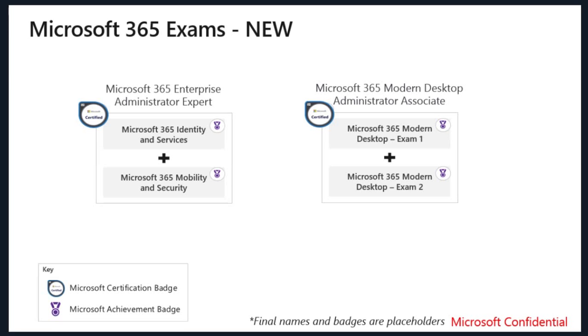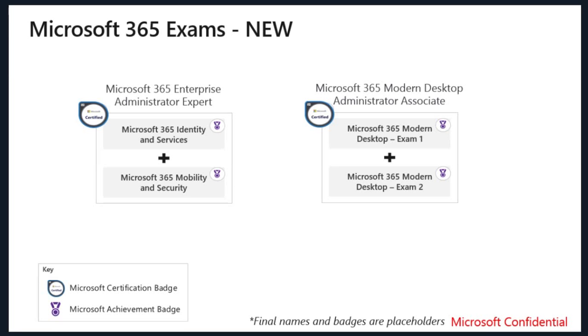For Desktop Administrator, also 2 exams. You might notice we don't have the official exam titles there, so I've just indicated they're Exam 1 and Exam 2. A couple of other things I'll point out while I'm on this slide. You'll notice that on the little gray exam boxes, there's a little circle with a ribbon, and that indicates that we'll be awarding a badge for passing the exam.